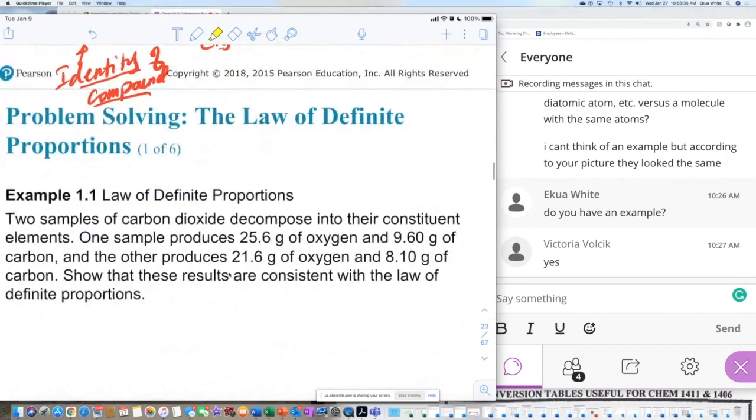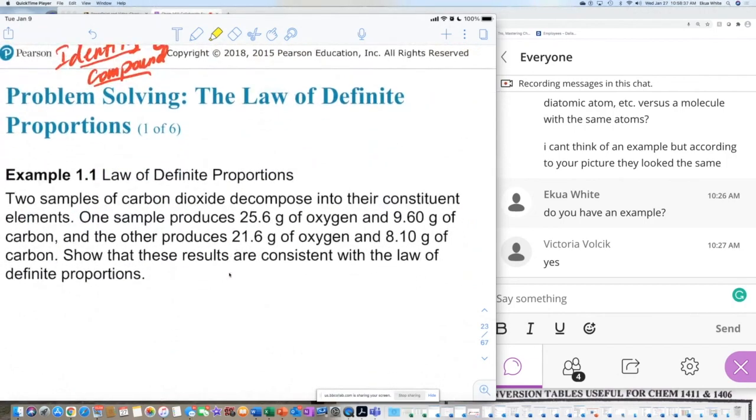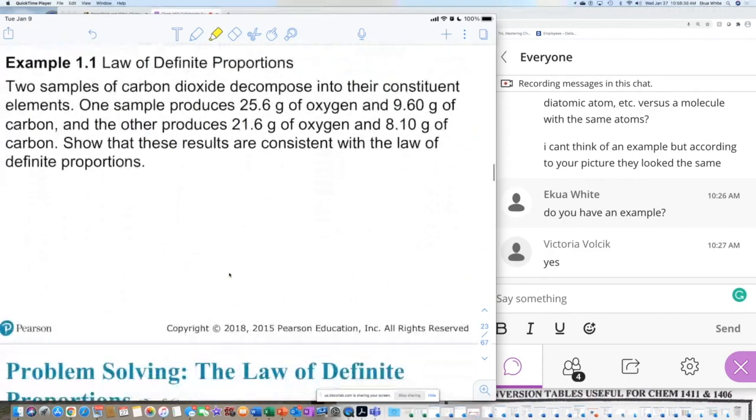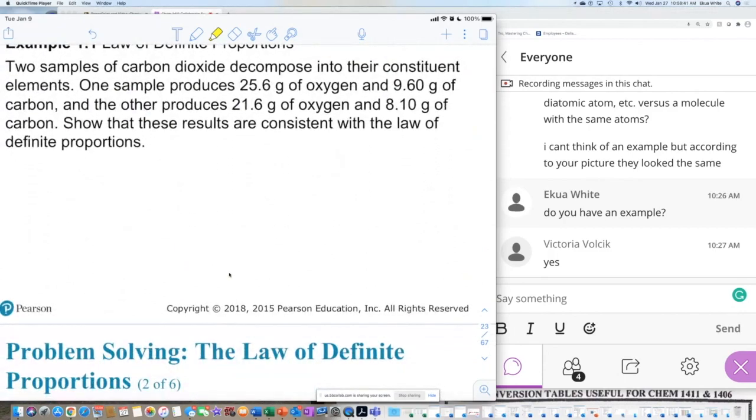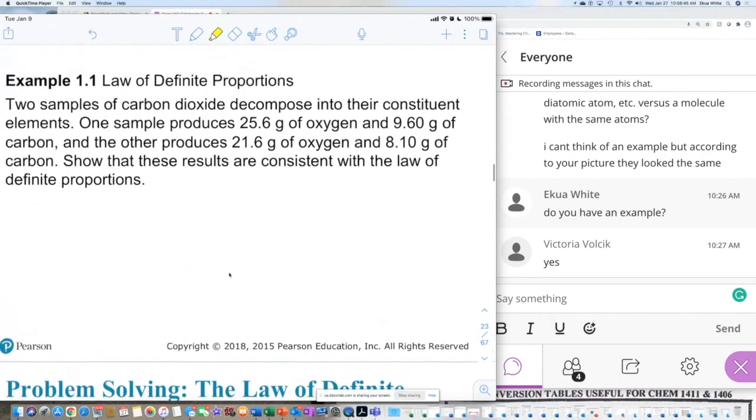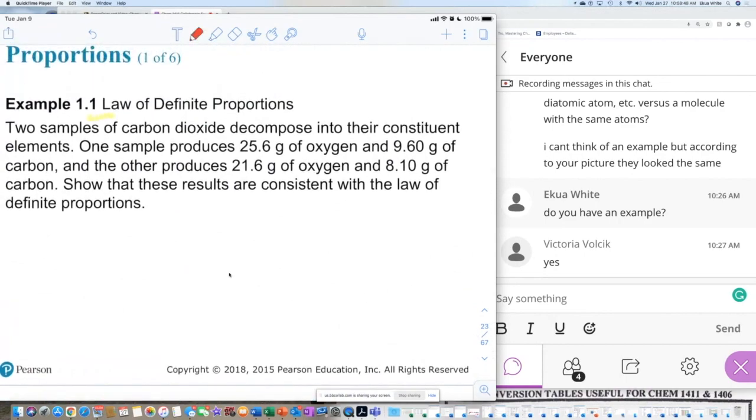So yeah. So proving the law of definite proportion. Let me do this last part here, and then it will allow us to be able to work on the law of multiple proportions next week. So right here, we're trying to prove this law of definite proportion. We're told we have 2 samples of carbon dioxide decomposed into their constituent elements.